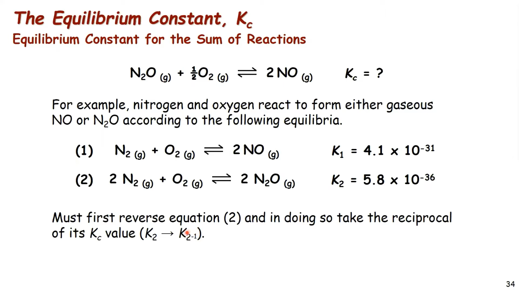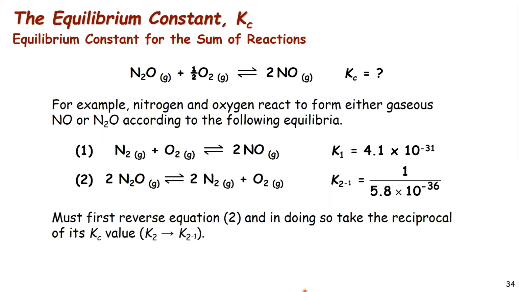This -1 should be a superscript. This should be raised to the -1 this time, okay? And so 2 to the -1, this is still incorrect.